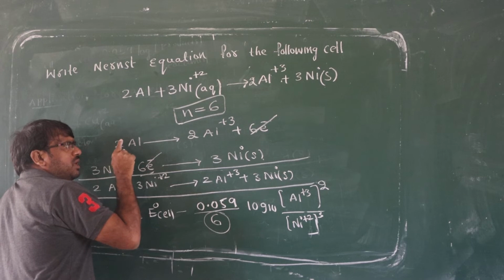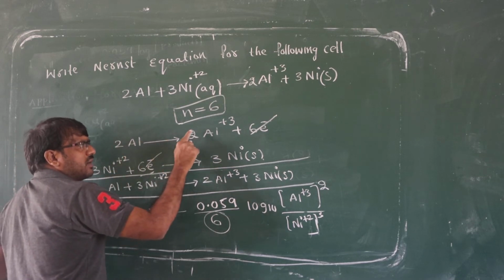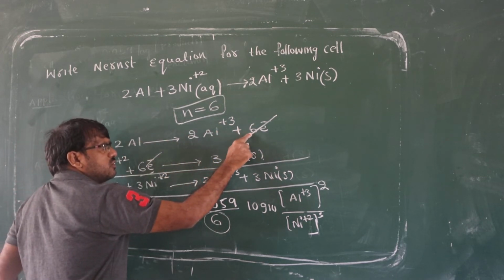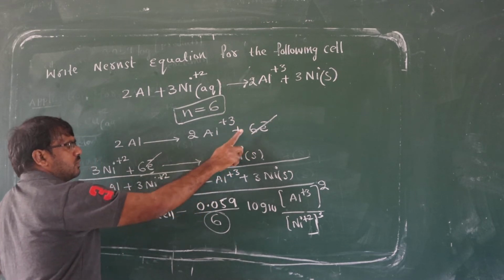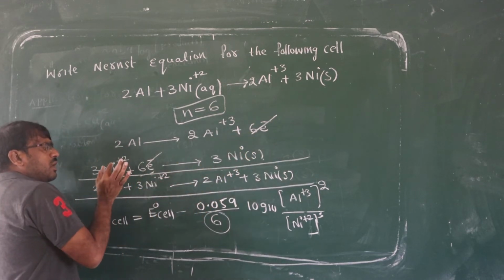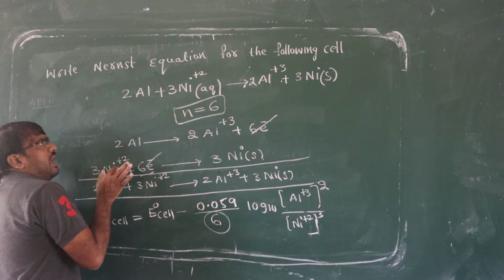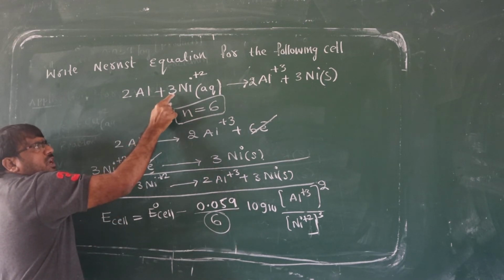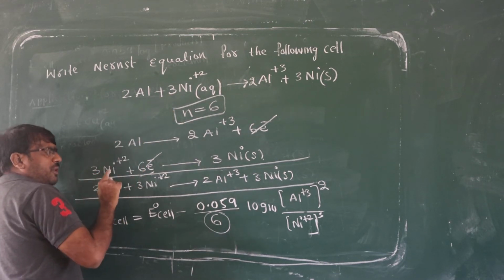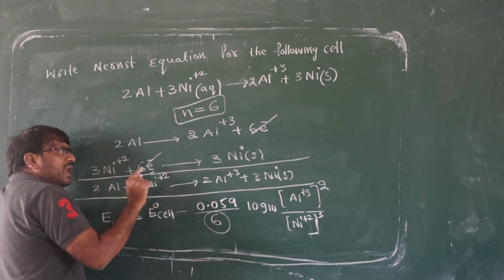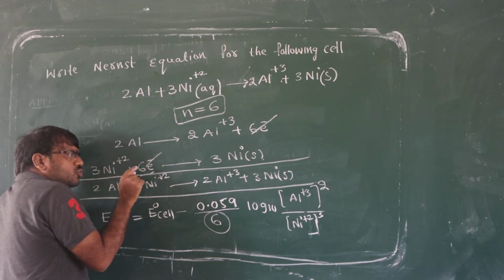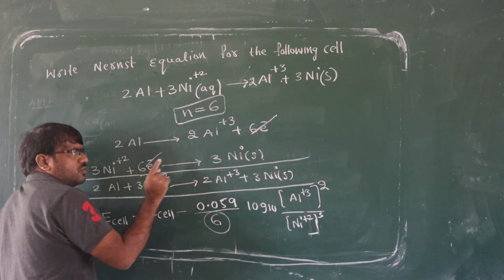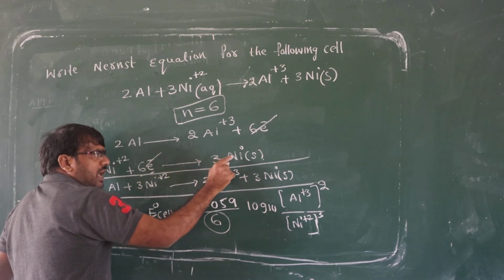For 2 aluminium atoms, how many electrons does it lose? Total 6 electrons it loses. Similarly, 3 Ni+2 ions are there now. How many electrons should they get? They should get 6 electrons to convert into 3 Ni.